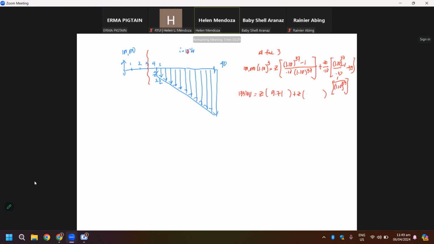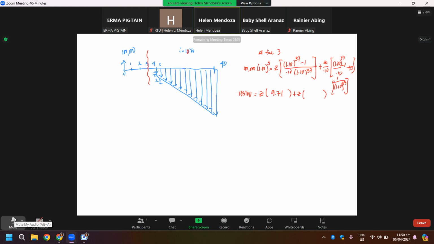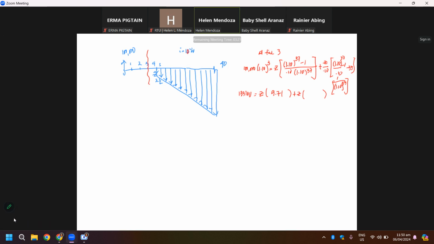Ay, hindi tataas dahil i-divide mo siya by 0.1. 1.1 raised to 37, divided by 0.1, minus 37 times 1.1 raised to negative 37, divided by 0.1. 86.18. Double check. Yun po yung nakuha ko. 86.18. Yes, ma'am. Okay, malalaman naman natin kung may error yan.